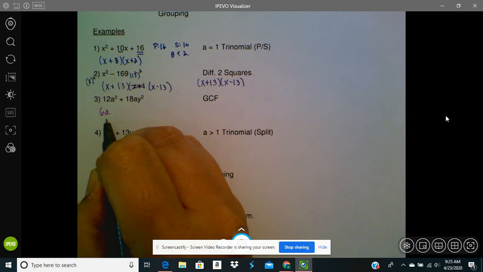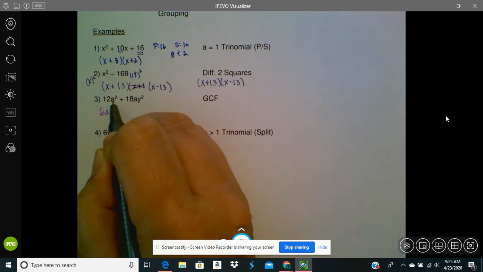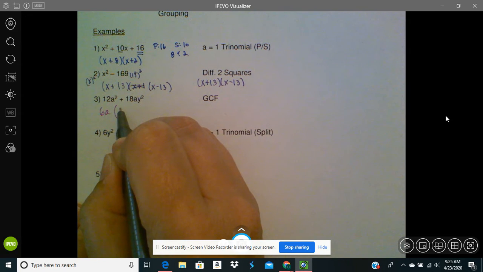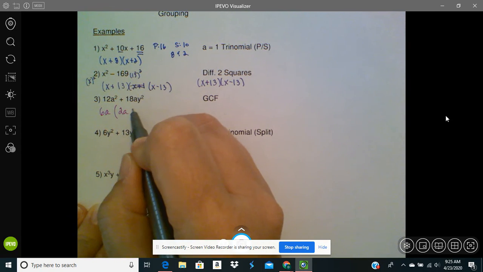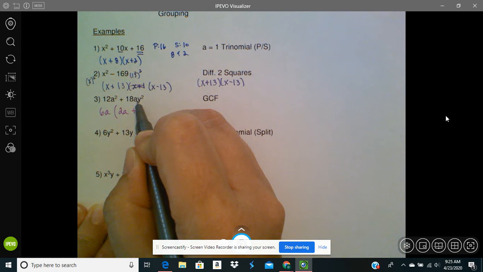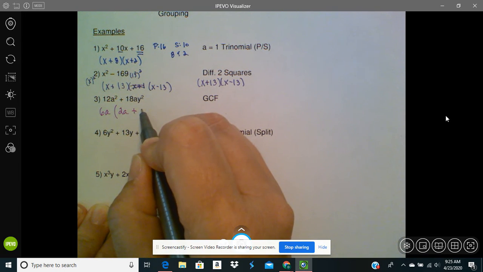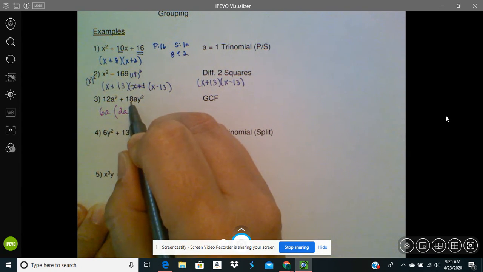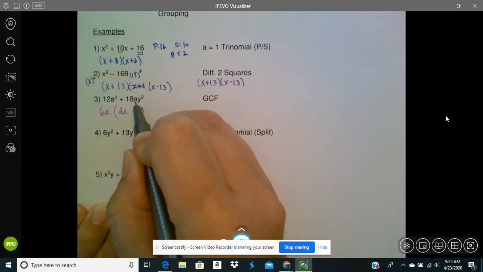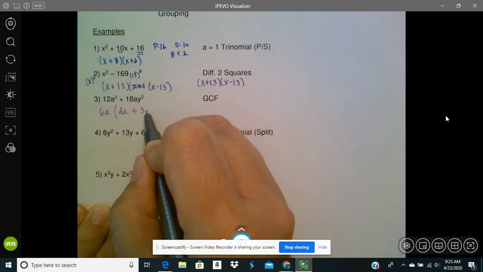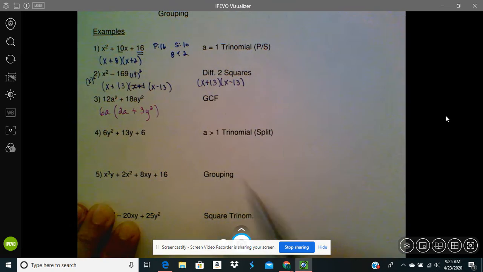So this appears to be the greatest common factor. Okay, what's 12a squared divided by 6a? 2a. Bring down my plus. What's 18ay squared divided by 6a? Let's go term by term. 18 divided by 3 is 6. A divided by a divides out. I'm left with y squared.